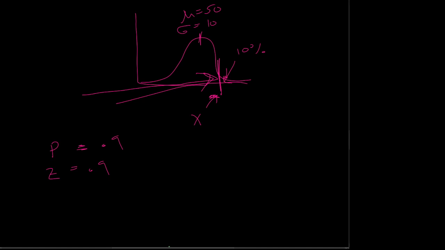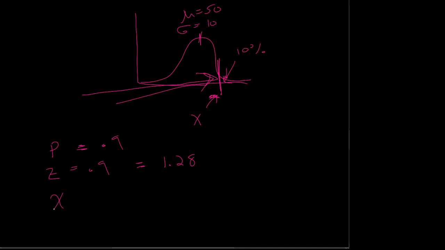Now we can look at this on our calculator. We can look at this on the table. I'm just going to pull the value from the table of 1.28 roughly. And so we have a z-score of 1.28. Right, on the table, I think the closest thing is 0.8997.